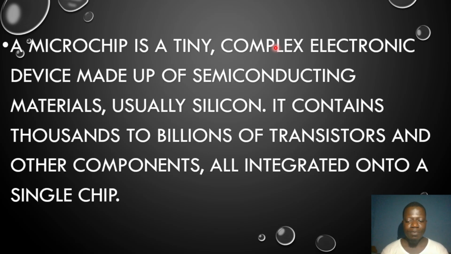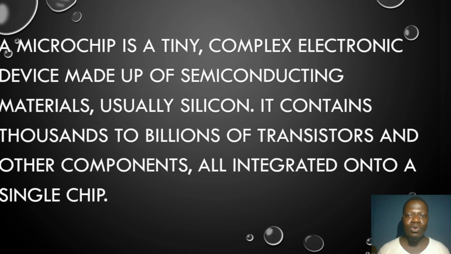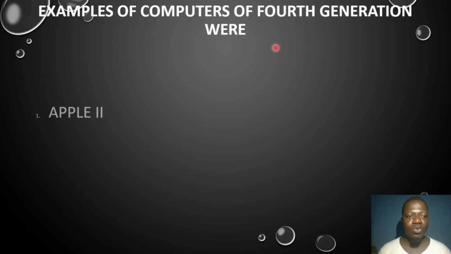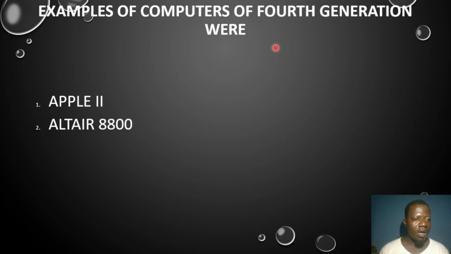I hope that's clear. So let's look at some computers that make use of this technology that we are calling the microprocessor. The Apple II computer makes use of this microprocessor. We have the Altair 8800.